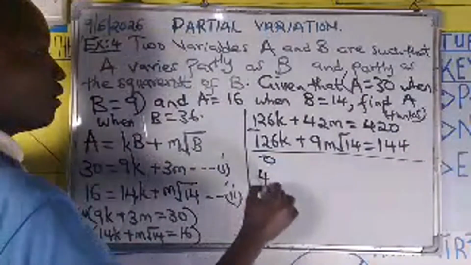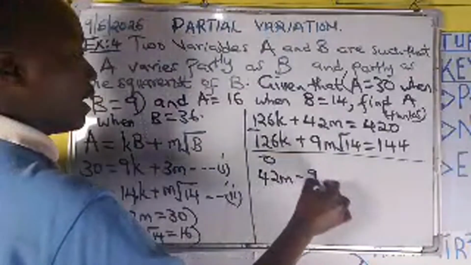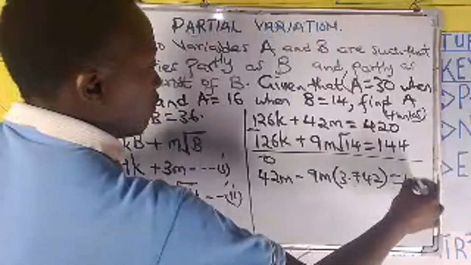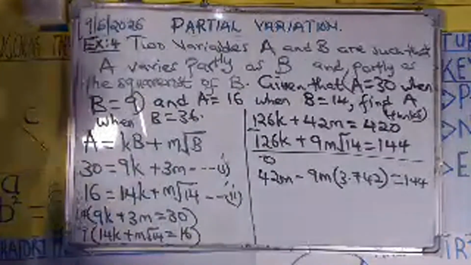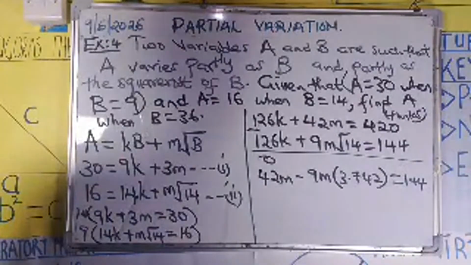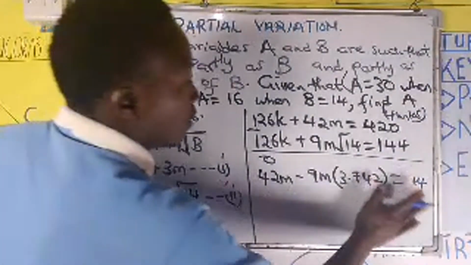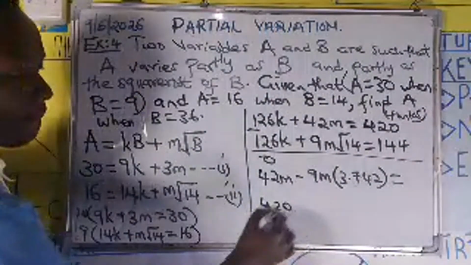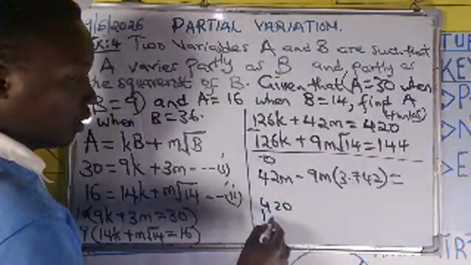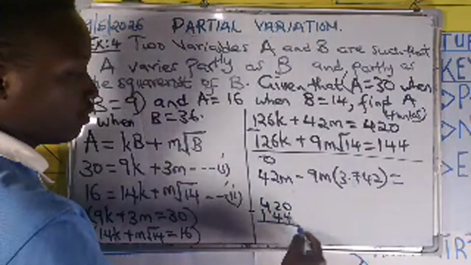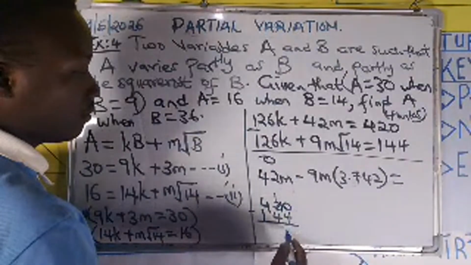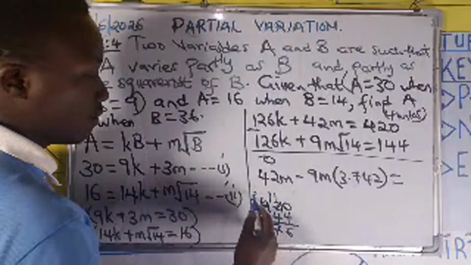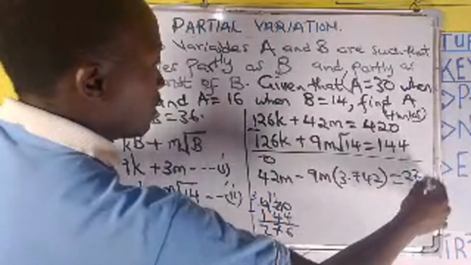So this one will be 42m minus 9m times 3.742 equals 420 minus 144, which is 276.